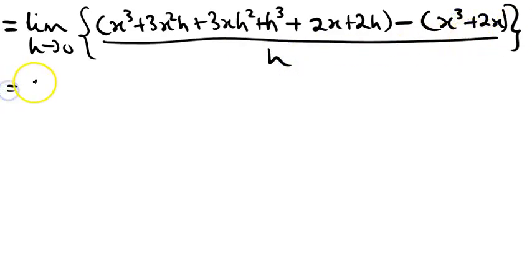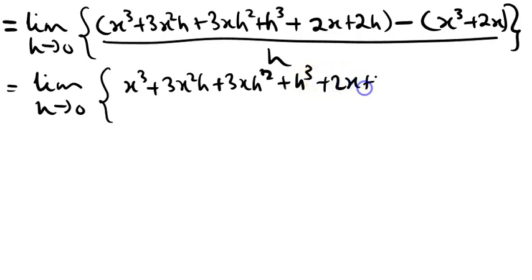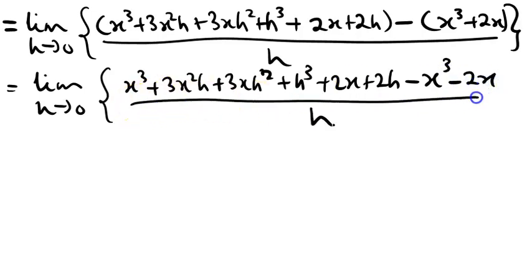So let's expand further. The limit as h tends to 0: we are going to have x cubed plus 3x squared h plus 3x h squared plus h cubed plus 2x plus 2h minus x cubed minus 2x, over h. Okay, now x cubed minus x cubed will go, 2x minus 2x will go.